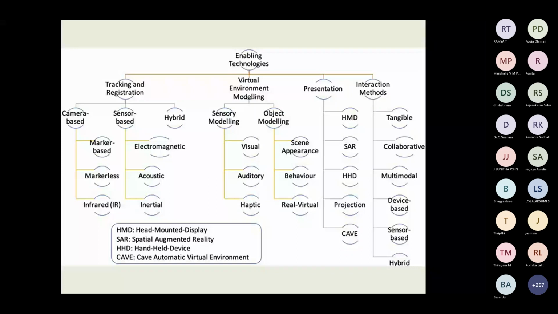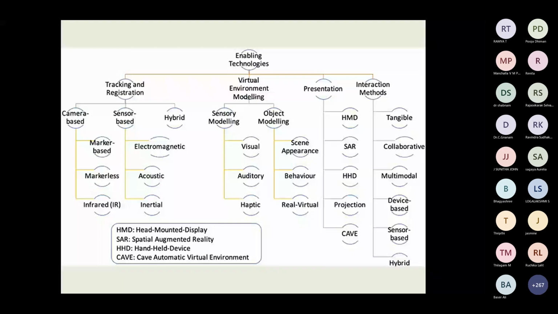Nowadays it is a matter of pride if our institution has a virtual tour of our campus or classes. It is also used with sensory modeling and object modeling, which relies on virtual reality, not augmented reality or other reality methods.